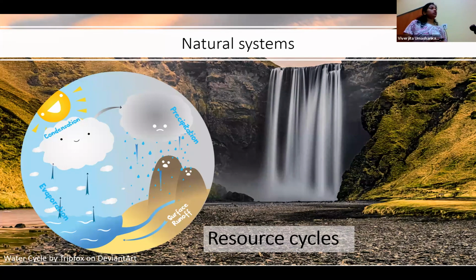The same is true for every other resource or element in nature that you can think of: phosphorus cycle, carbon cycle, nitrogen cycle. And even if you think of any phenomenon in nature, it's all part of some cycle and is really a part of a system. So the first principle that we can learn from nature is that resources flow in cycles.